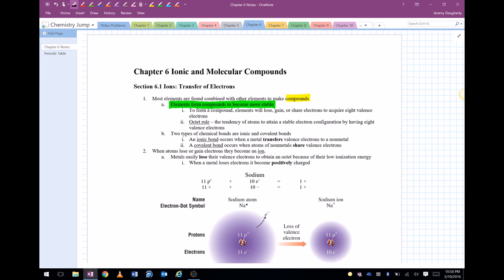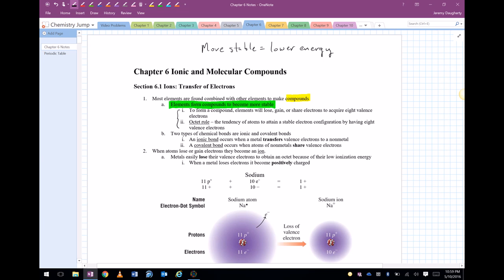Generally, in science, when we say more stable, what we really mean is lower energy. Okay, so when elements combine to make a compound, they typically do that in order to lower their energy, which makes them more stable.